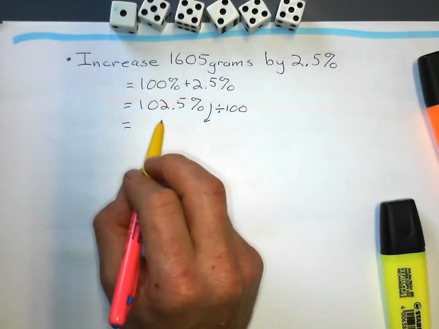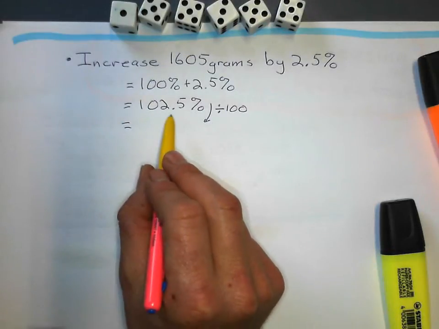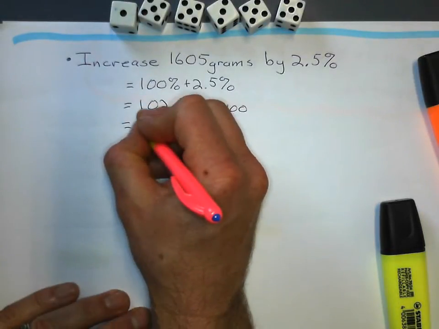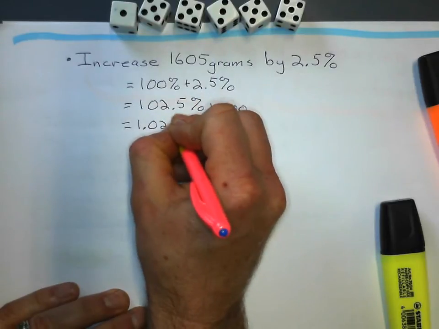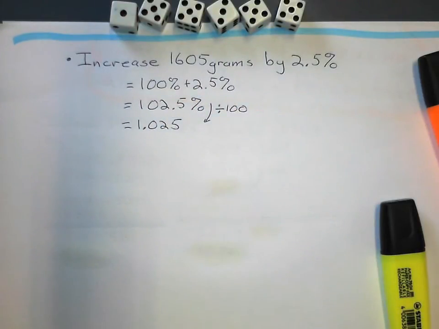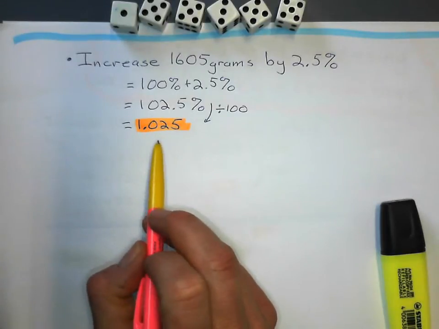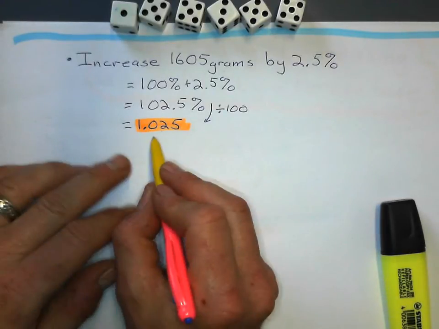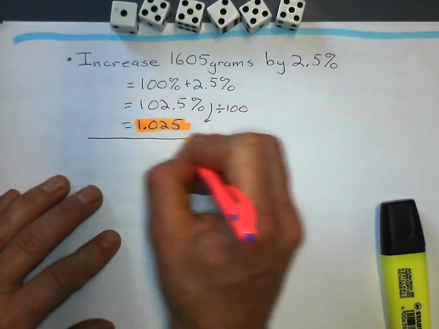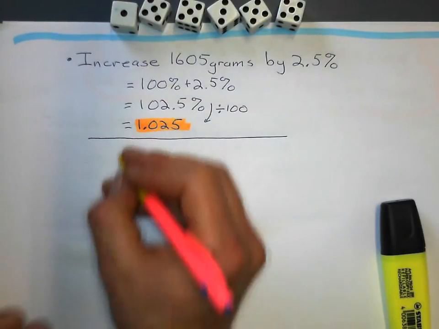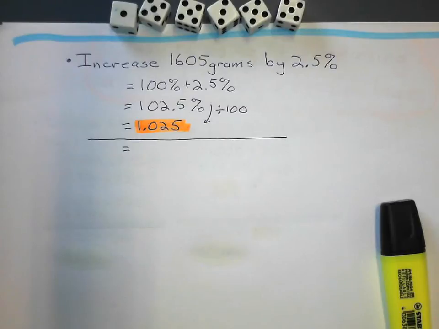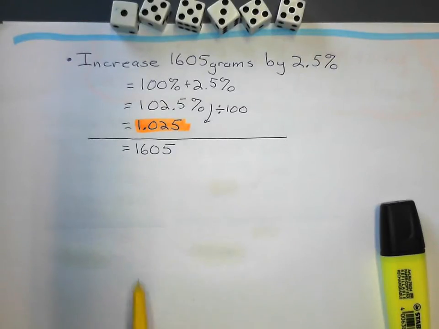And we find the decimal equivalent of that percent, which is always divided by 100, and we get 1.025. So eventually you can either work this multiplier out, or you can just do it in your head. I don't really want too much time spent on that working. To solve this, we just take the original amount and multiply it by the new multiplier there.